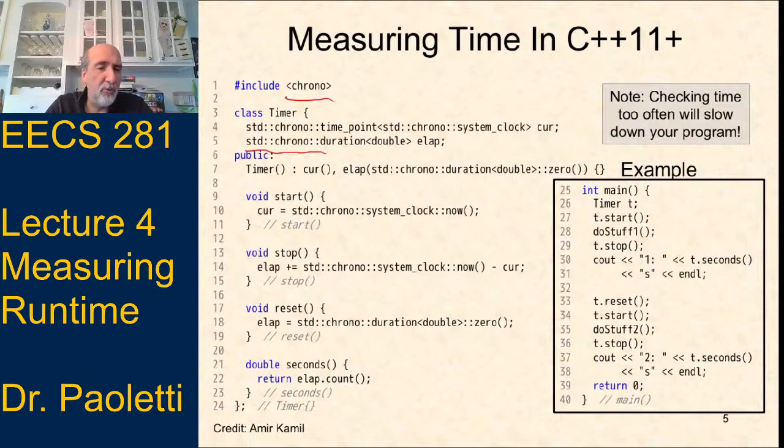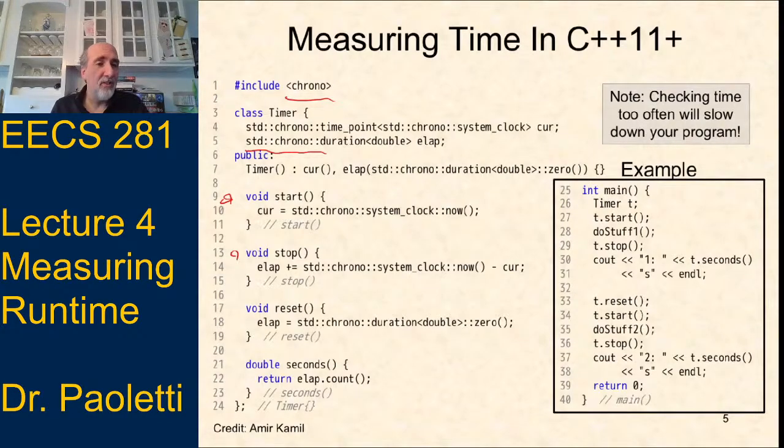You don't have to understand every line of this, but the basic idea is there are some tools in a library that we can use, and there's a small class here which has a few simple things. It's got some member variables, it's got a constructor, it's got a start the timer and a stop the timer.